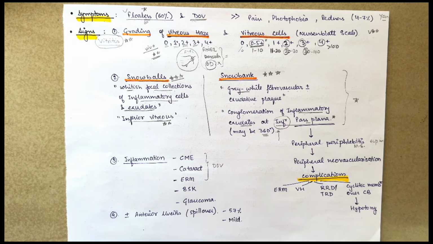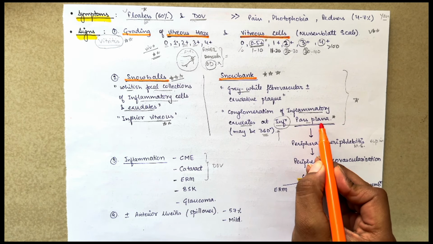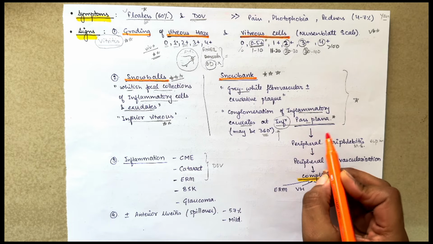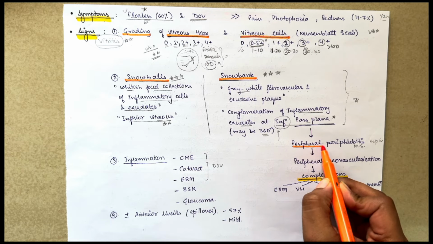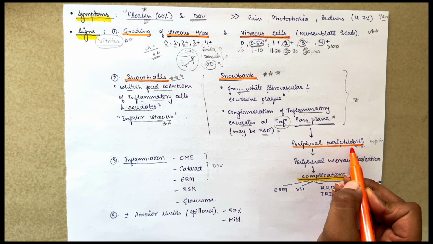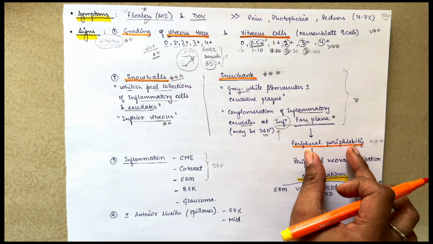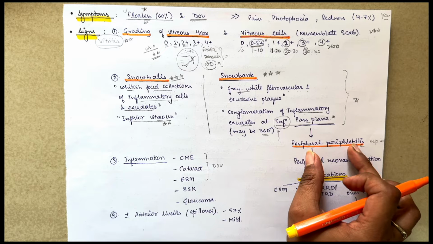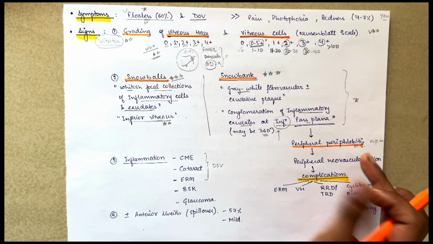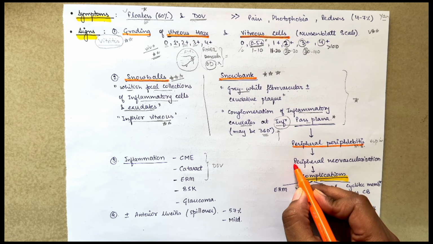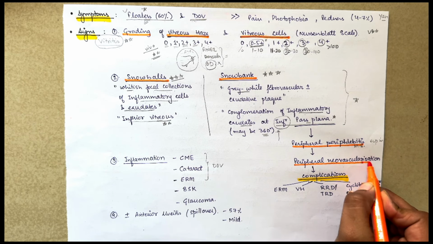Now, if the inferior pars plana has been involved with inflammation, obviously nearby there will be peripheral periphlebitis because venules will be involved due to inflammation, and this is especially seen in multiple sclerosis cases. Then if this much inflammation is there, definitely it will complicate to peripheral neovascularization, and when there are new vessels, they will definitely bleed, causing vitreous hemorrhage.